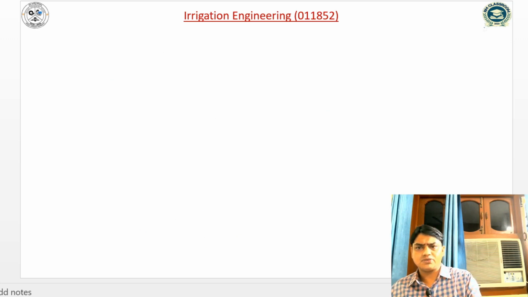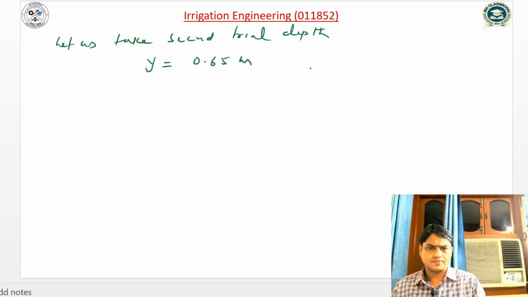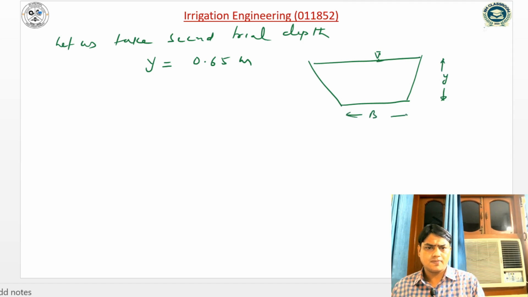So let us assume the second trial depth, that is y is equal to 0.65 meter. This value is y, this value is b, this is 0.5 horizontal, 1 vertical.